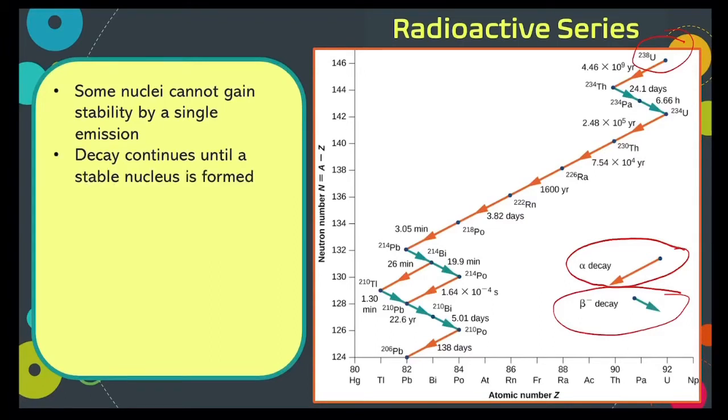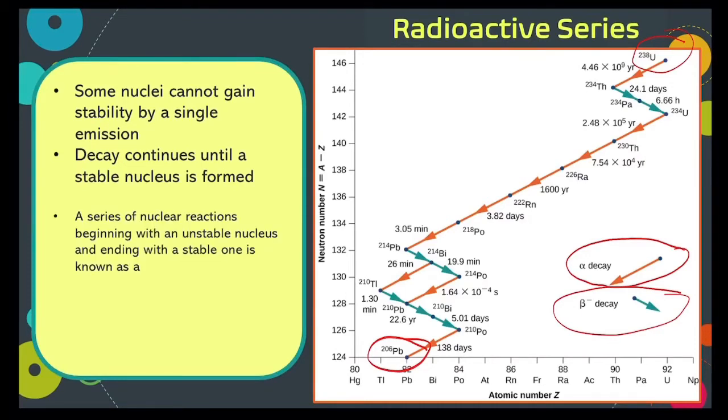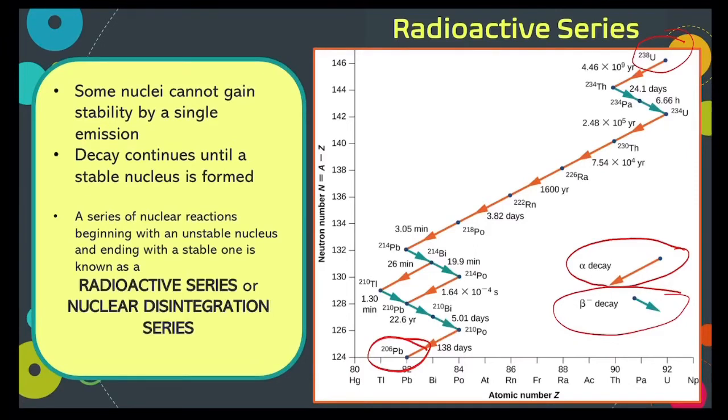The decay will continue until a stable nucleus is formed. In this case, the stable nucleus is lead-206 at the bottom here. This series of multiple nuclear reactions, beginning with an unstable nucleus and ending with a stable one, is called a radioactive series or nuclear disintegration series.